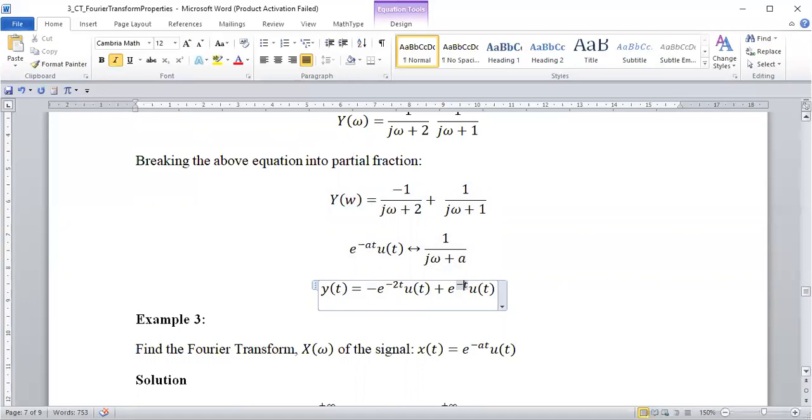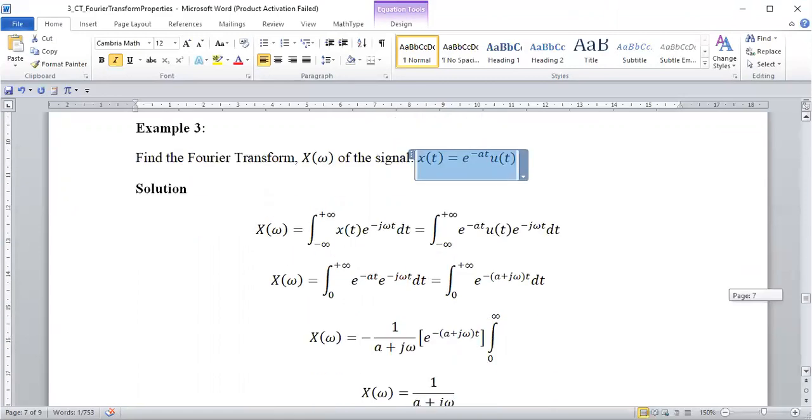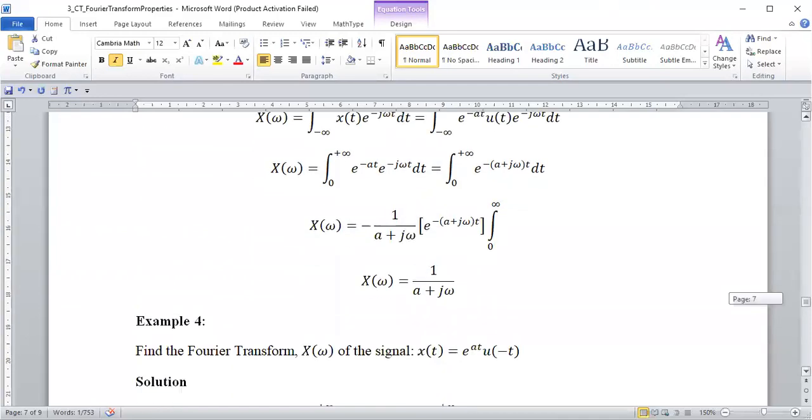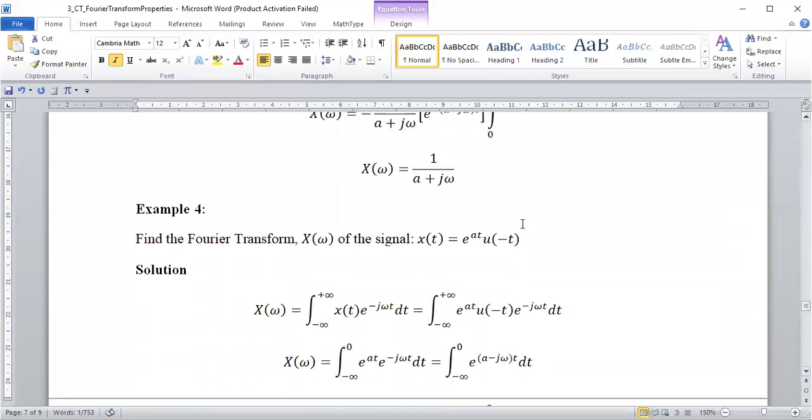We do the third example. Find the Fourier transform of this signal. So this signal is just a repetition of what we did the last time. The reason I brought it is because we are going to do another Fourier transform in the form of this.